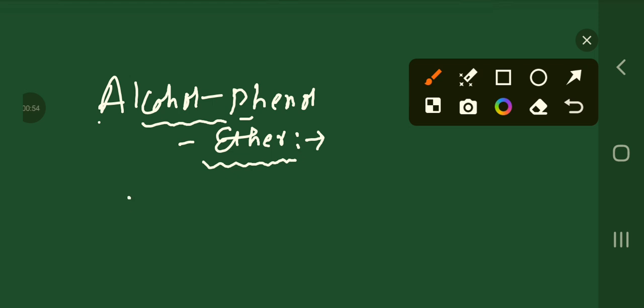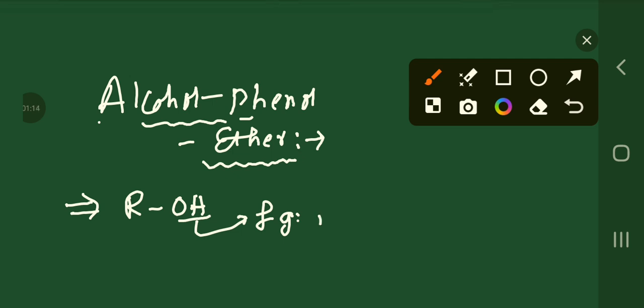First of all, representation of alcohol. Alcohol can be represented like this: R bond OH, where OH is considered as the functional group. Its common name is alkyl alcohol. Common name is just like a nickname.